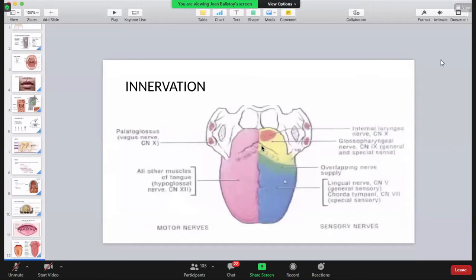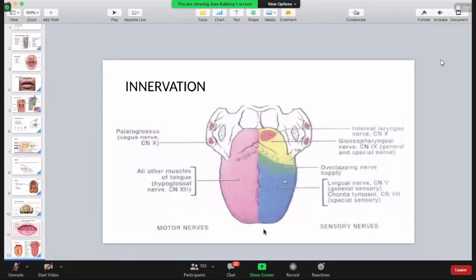For the anterior two-thirds, you have the lingual nerve or cranial nerve 5 for general sensory, and cranial nerve 7, the chorda tympani of the facial nerve, for special sensory. So you have to take note of what innervates the tongue. All muscles of the tongue are innervated by the hypoglossal nerve or cranial nerve 12, except for the palatoglossus, which is innervated by the vagus nerve.